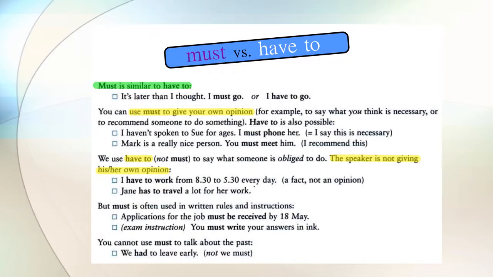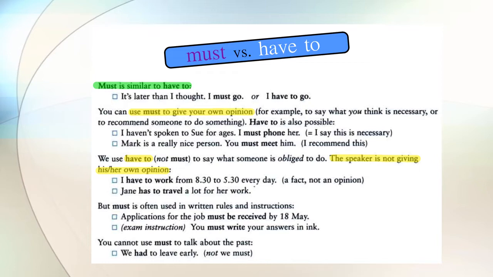Let's remember about the differences between must and have to. Must is similar to have to. It's later than I thought, I must go, or we can say I have to go.